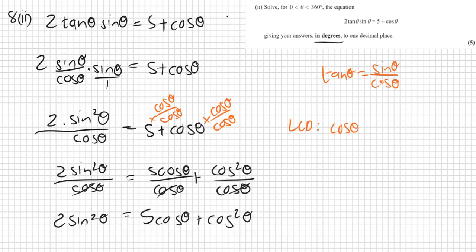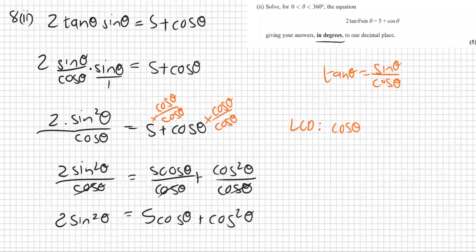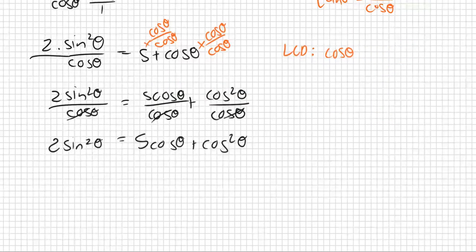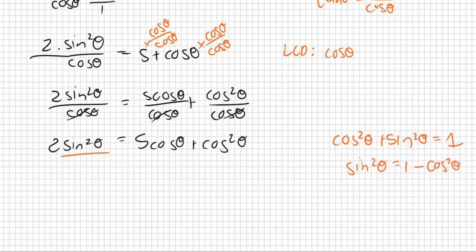Now we want it all in cos, I think. Can take it to either all cos or sine. But if you look at the Pythagorean identity, cos squared theta plus sine squared theta is equal to 1, then it's quite easy to change this sine squared. By virtue of this, sine squared theta must be equal to 1 minus cos squared theta, and cos squared theta must be equal to 1 minus sine squared theta.